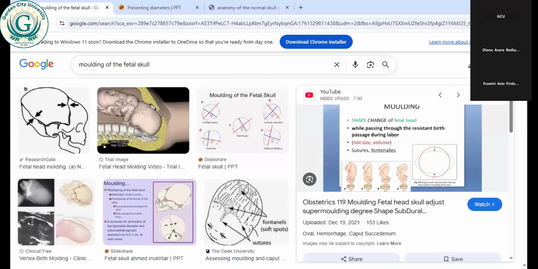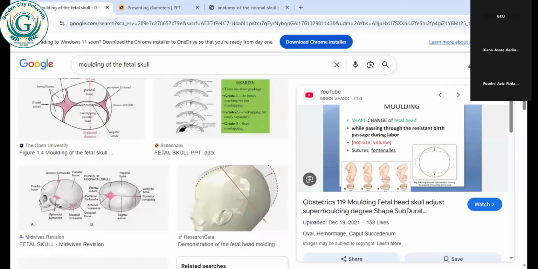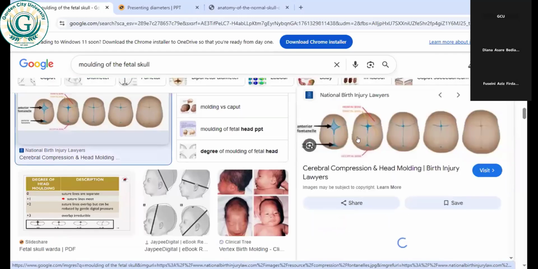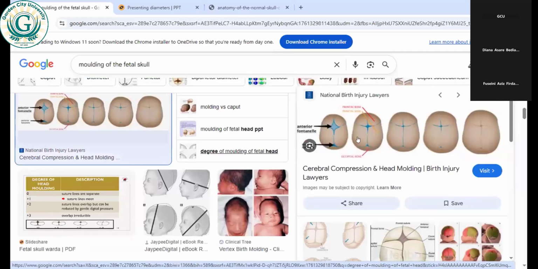The skull of the preterm infant is softer and has wider sutures than that of the term baby, and hence may mold excessively should labor occur prior to term.